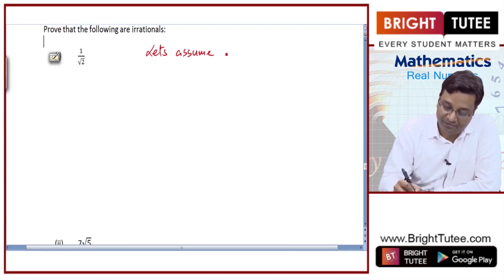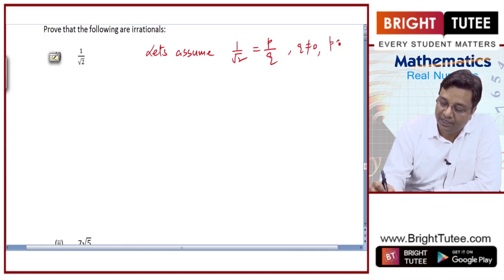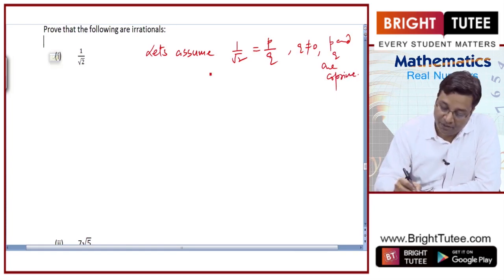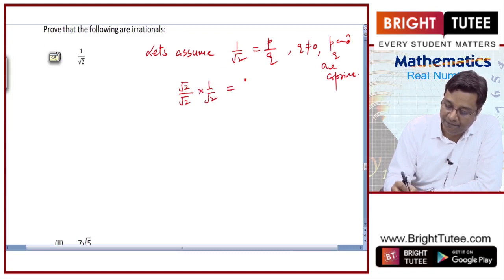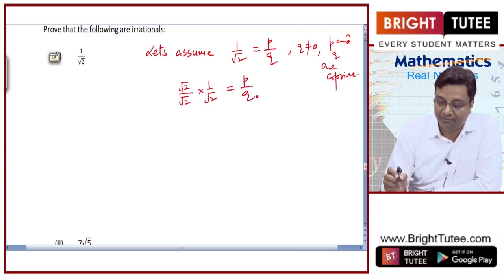them to be rational. So 1 by root 2 equals p by q, where q is not equal to 0. P and q are co-prime integers, right? Now look at this equation. If you multiply and divide the left hand side by root 2, it won't change the equation.